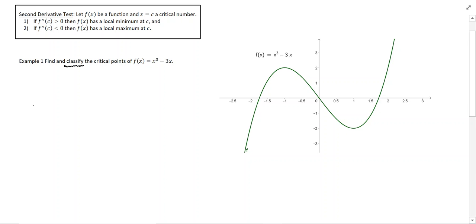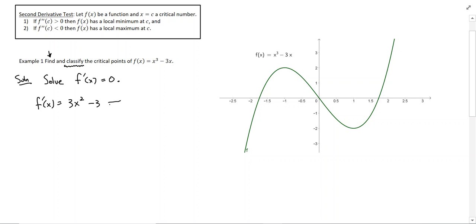So step one, here's my solution. First step is going to be to find the critical points. To find critical points, we set f prime of x equal to 0 and solve for x. So I'm going to solve the equation f prime of x equals 0 for x. Let's take the derivative of this function. f prime is 3x squared minus 3.